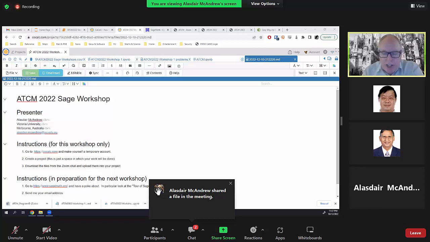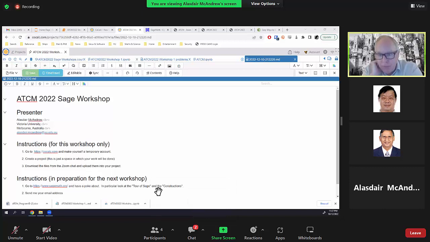Can you see those two files? What you need to do is download them to your local computer, just so you have them yourself, and then follow the instructions you can see on the screen. So go to https://cocalc.com and create yourself an account.